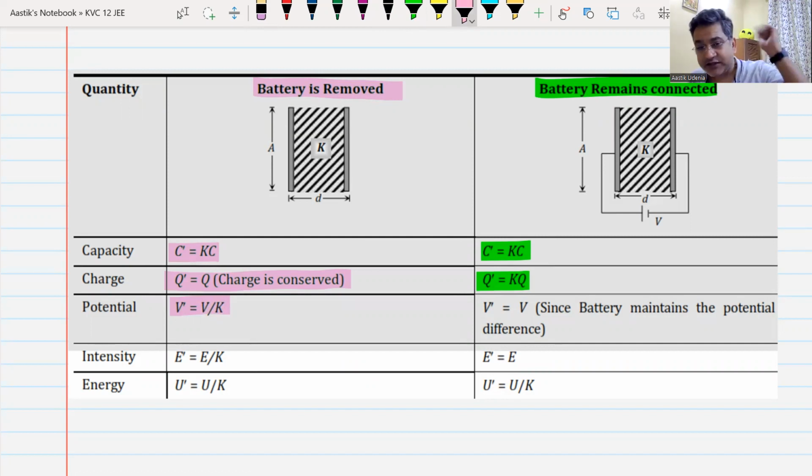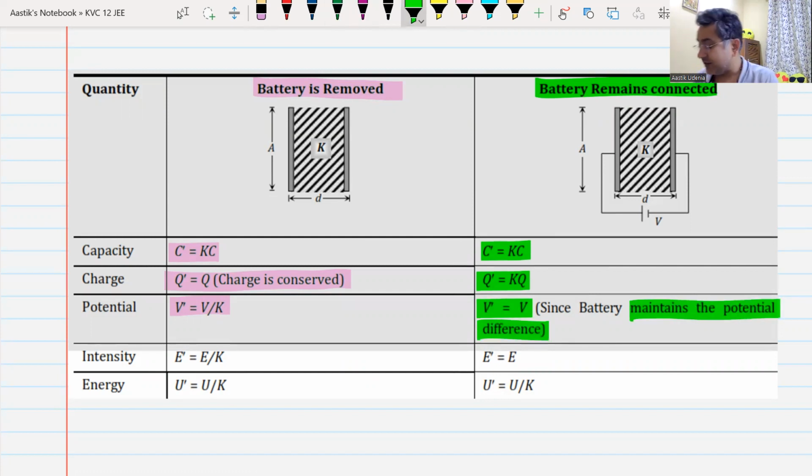Charge remains the same, but potential becomes 1 by K. But here, since the battery is connected, the potential difference remains the same. In the first case, since the potential difference becomes 1 by K times, the electric field becomes 1 by K times. But in the green case, since the potential is the same, the electric field remains the same.